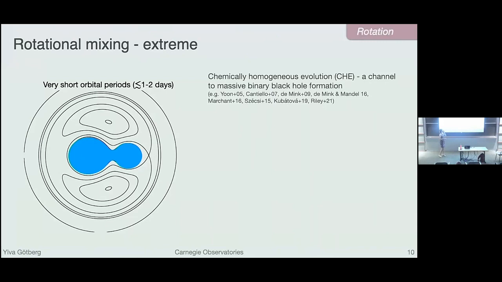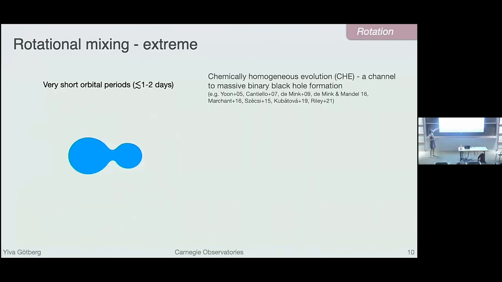Okay, so just because I drew this from above, let's turn it and look at it from the side. So you have this really fast rotation, and they are tidally locked to each other.